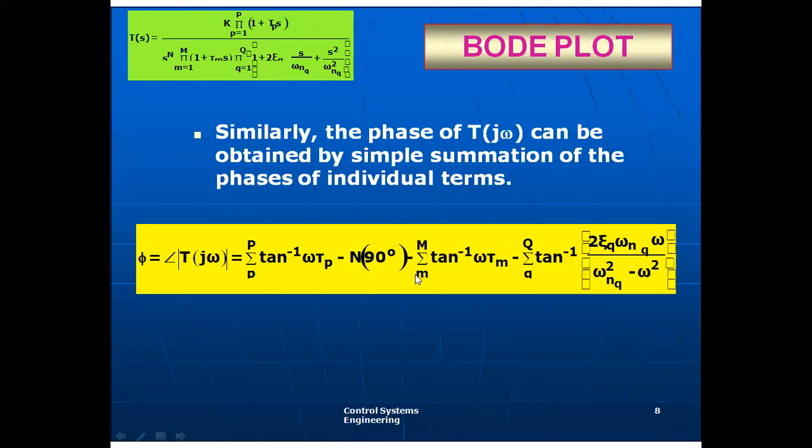This n is the type of the system. Then minus the summation of tan inverse of omega Tm, minus tan inverse of 2 delta omega omega n divided by omega n square minus omega square, that is the imaginary part divided by the real part for a second order equation.